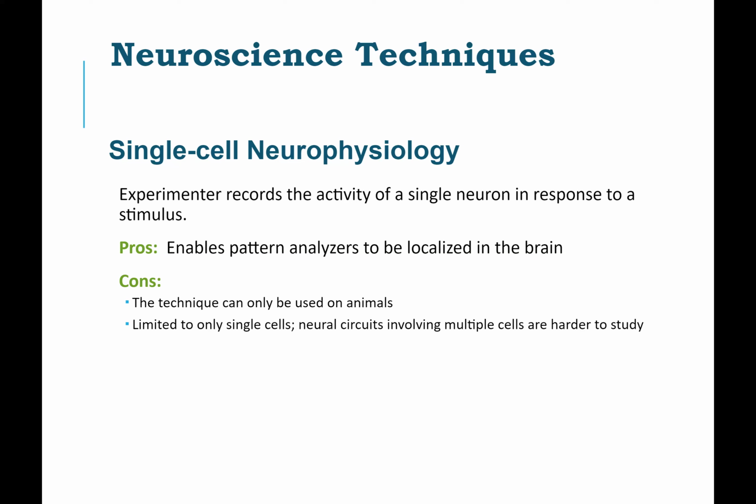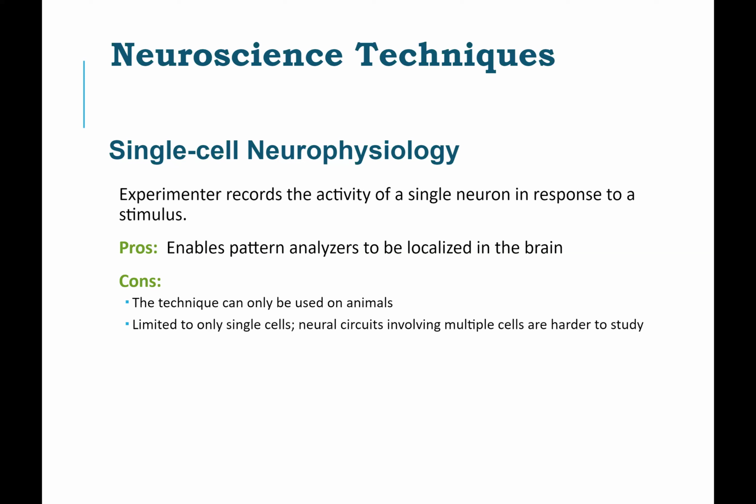Another limitation is that you could only record from a single cell or a small number of cells. A small number of cells because the technology has improved since the 50s. The experiment I'm showing you is from the 50s, basically. But more recently, you could have electrode arrays, like Utah arrays, which have 64, 128 electrodes implanted.